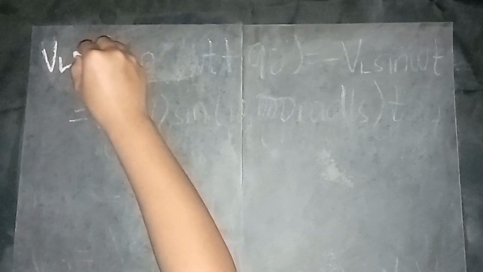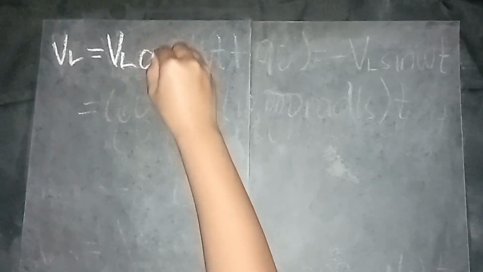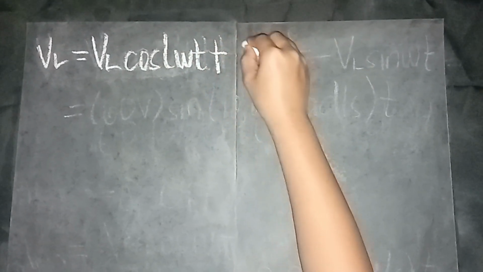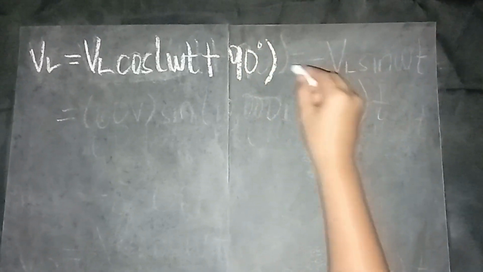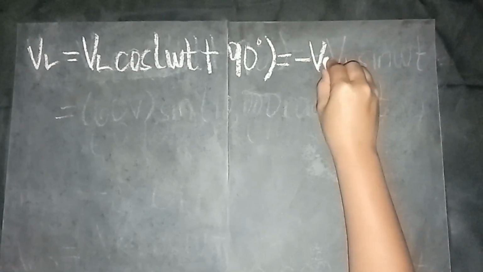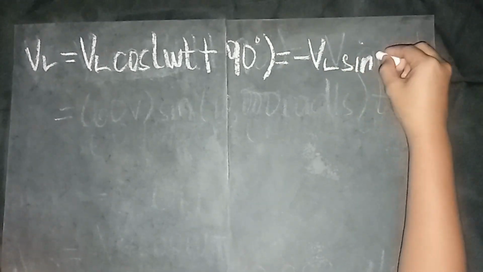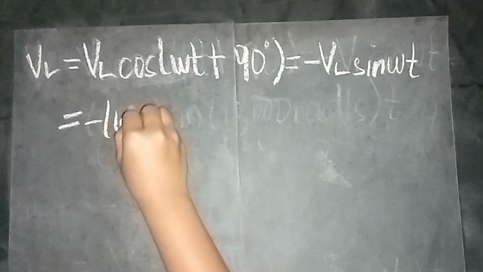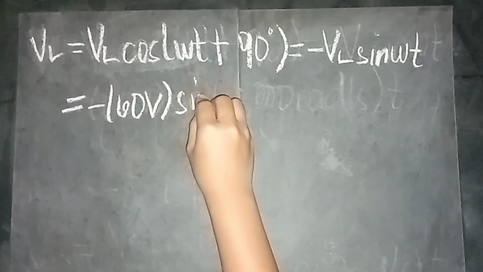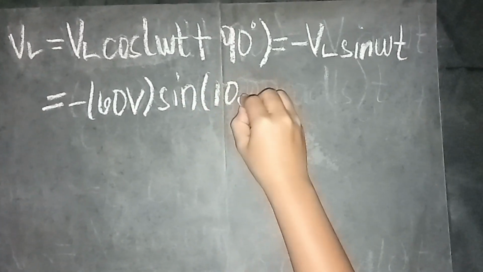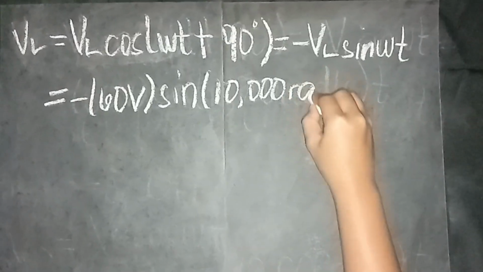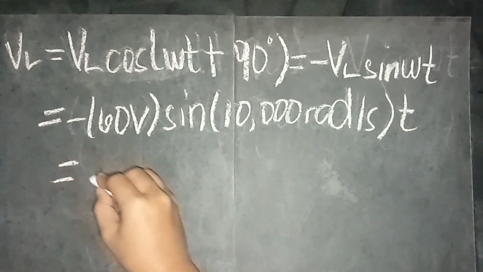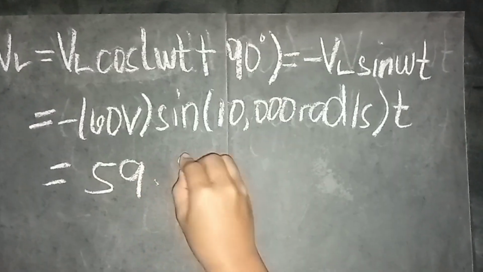The formula you're going to use is this: negative 60 volts sine 10,000 rad per second times time is equal to 59.09 volts.